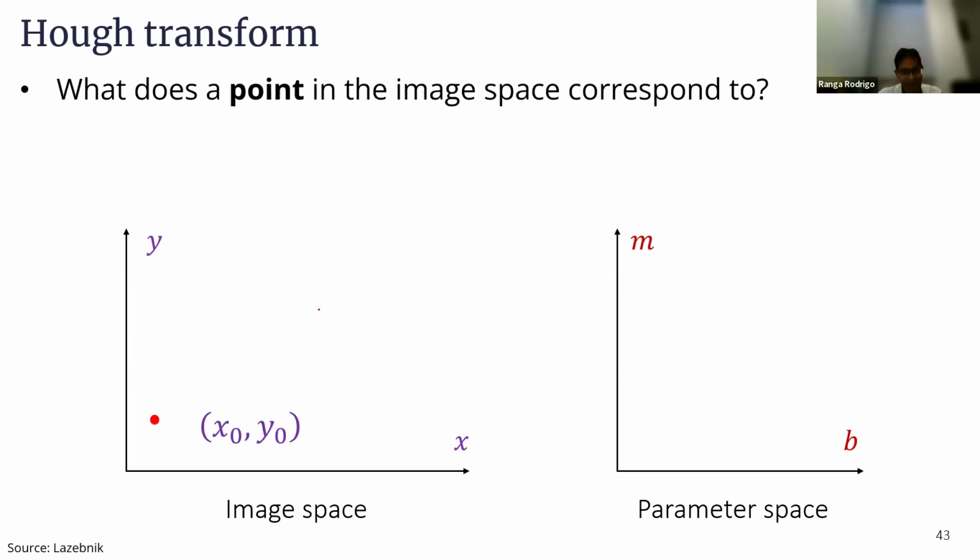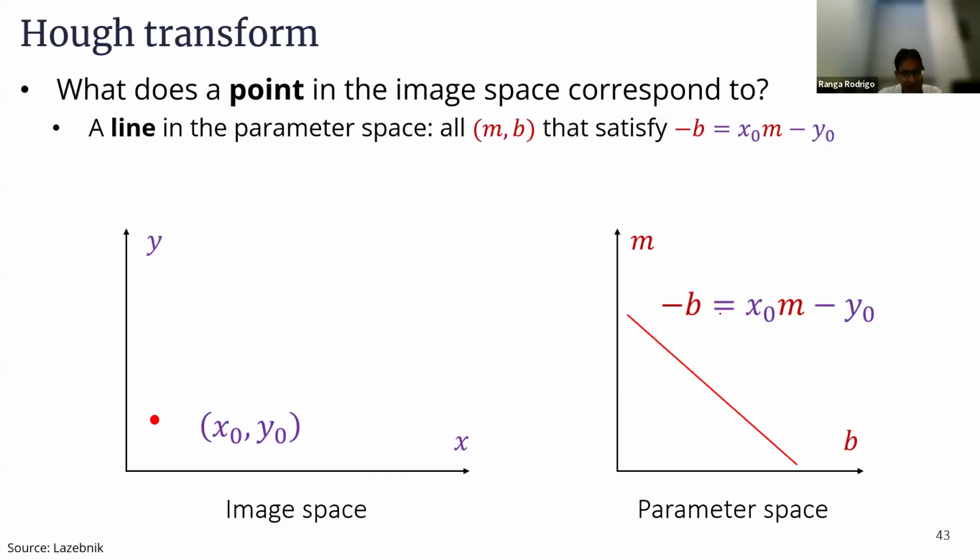Take this x0, y0, for example. Assume that this is a point in the image space. That should correspond to this line in the Hough space, because now x0 and y0 are fixed, and b and m are the variables. So this is also a line.